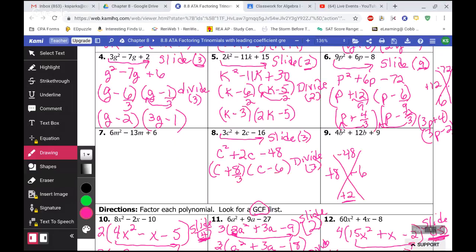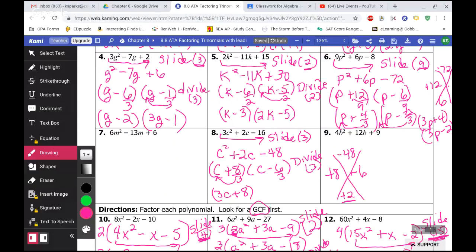So would you just divide what you can and then leave the other alone? Bottoms up. That's that bottoms up step. 3c plus 8. When it's not a perfect integer, you bottoms up. For all of it? Well, that's what we've been doing.